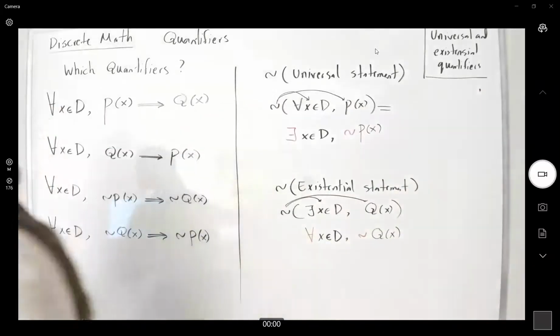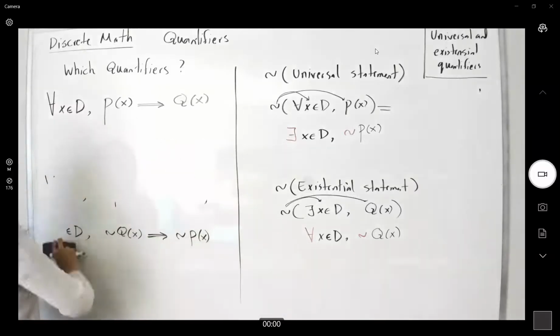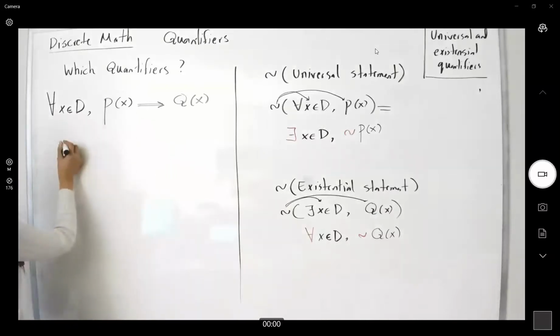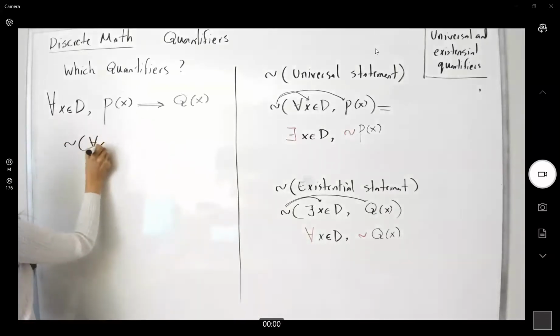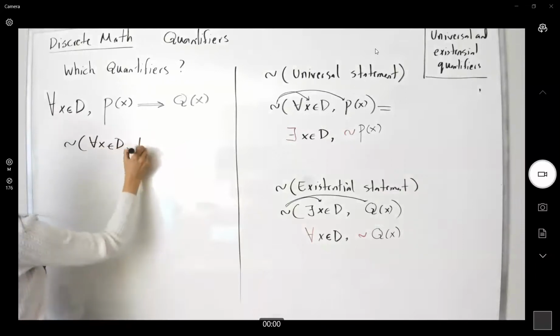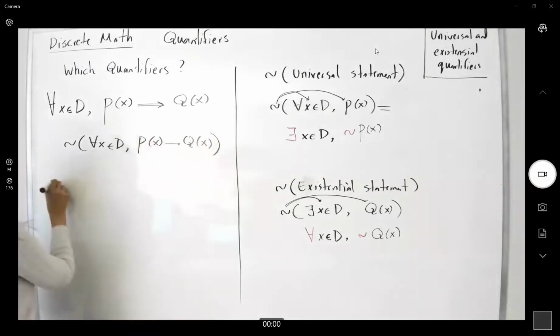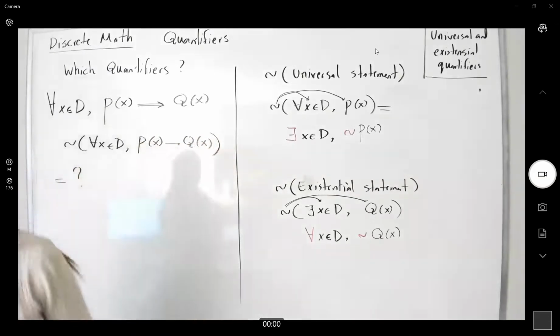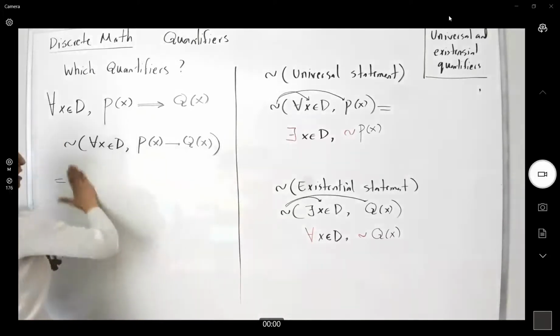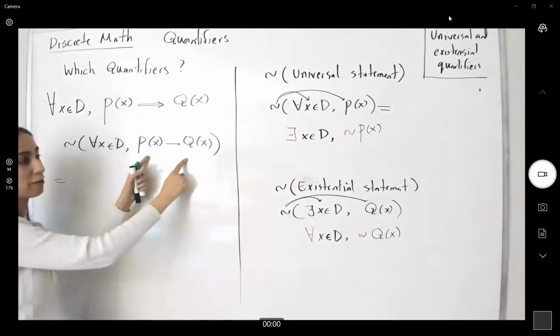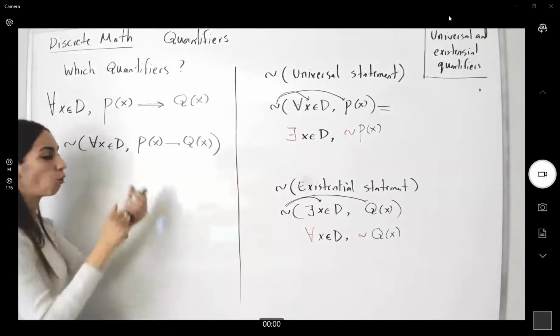Okay, another question for you. What would be the negation of implication? Very well. Just be careful here. We cannot directly negate implication. First, we have to convert this into or.